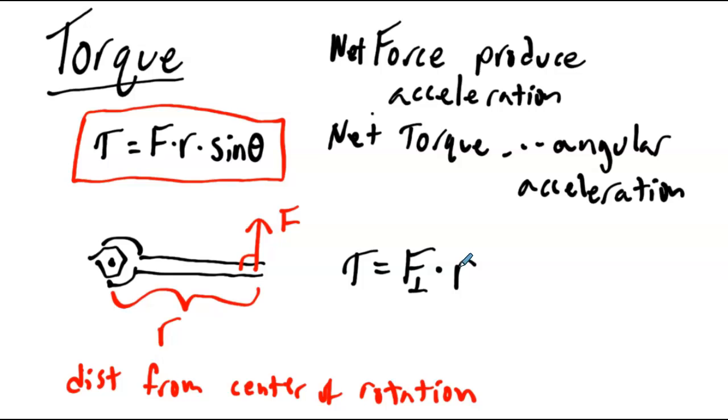So in this case, for this wrench, torque is equal to Fr, right? Because they're perpendicular. When they're perpendicular to each other, it'll just be the product.